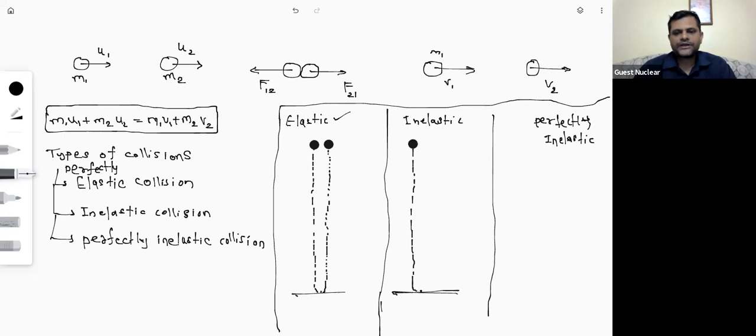So जैसे ही वो hit करेगा तो it will just return back, but it will not reach up to the same height as it was released with, but it will just reach at some height which may be 50% or it may be 80% or just 20% of the height which it was released with. And in that case, we can just say that this ball is just an example of inelastic collision.